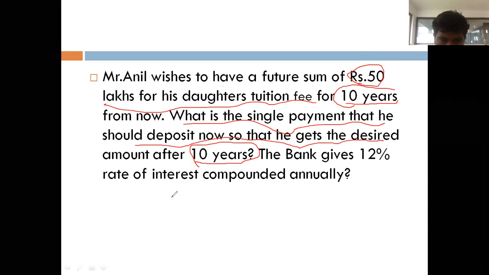The future sum F is 50 lakhs. If he wants to get 50 lakhs 10 years from now, what amount has to be deposited at an interest rate of 12%? So this is the question.